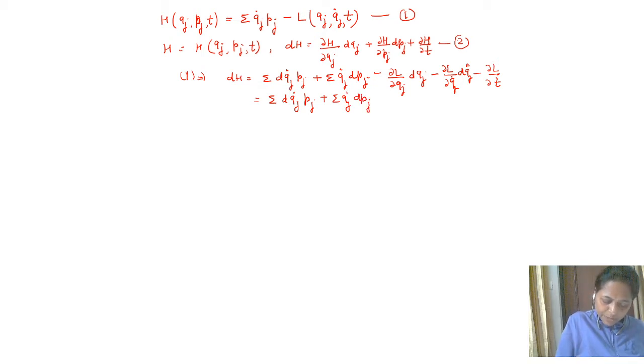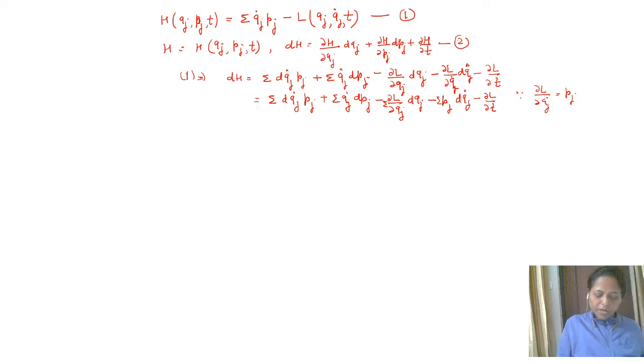Now in this expression, this delta L delta Qj dQj will be written as such, while this delta L delta Qj dot is nothing but Pj, so Pj dQj dot minus delta L delta T dt, because delta L delta Qj dot is Pj, and naturally there should be summation symbols where j is a dummy suffix, right?